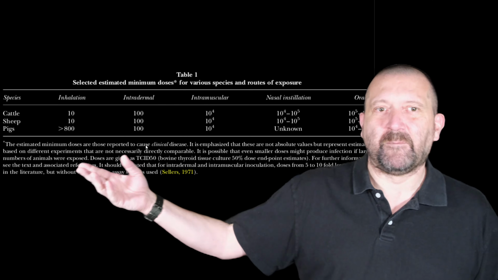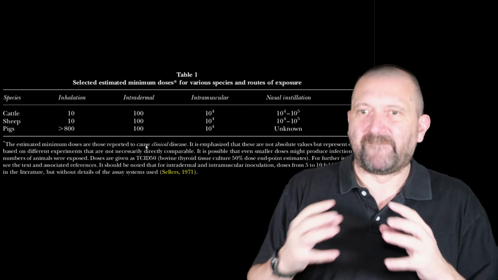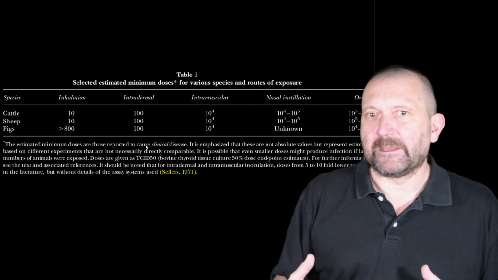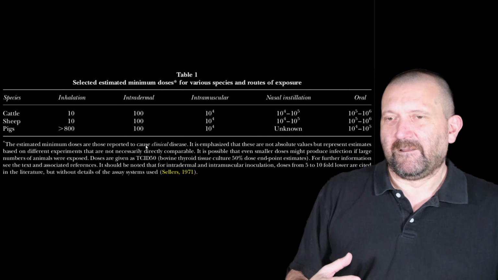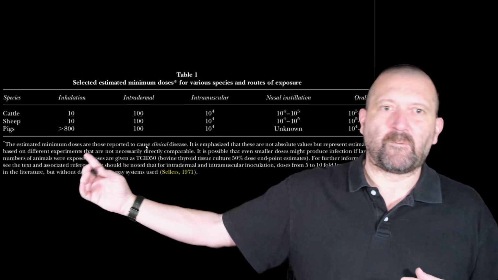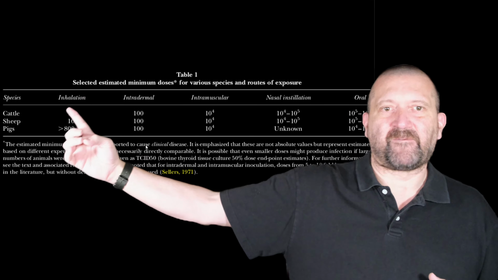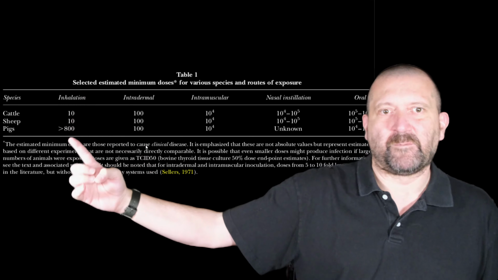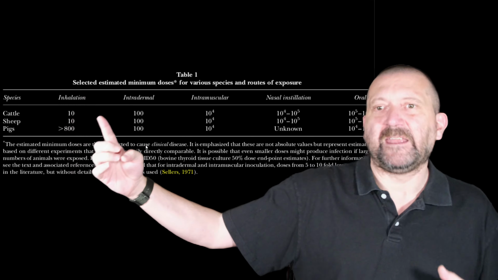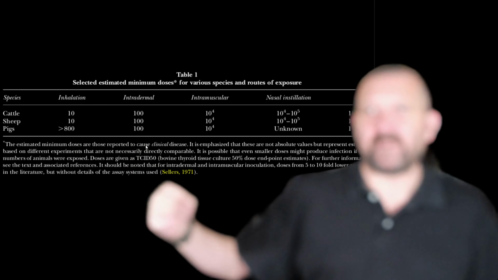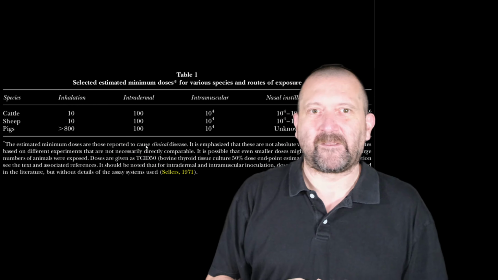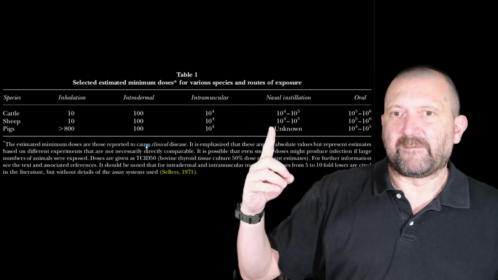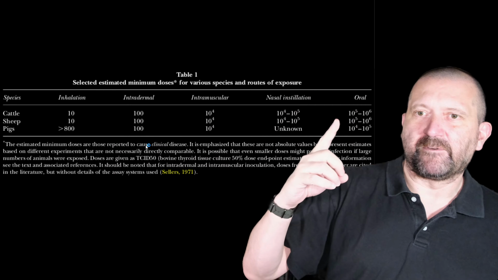This is the number of viral particles that is needed for infection when the infection takes place through inhalation, so when the cattle, sheep, or pigs breathe in air carrying infected particles, and also intradermal, intramuscular, if you put it in the nose, if you give it orally.